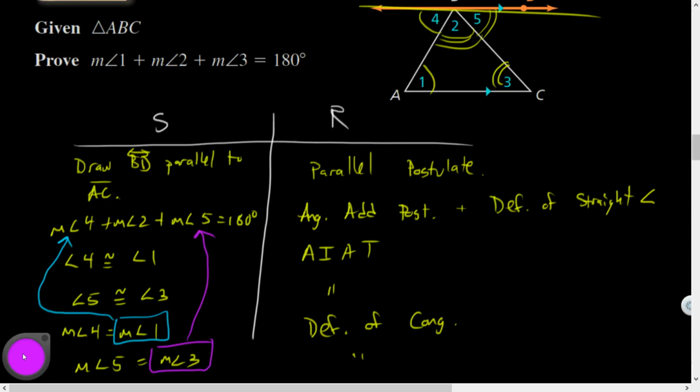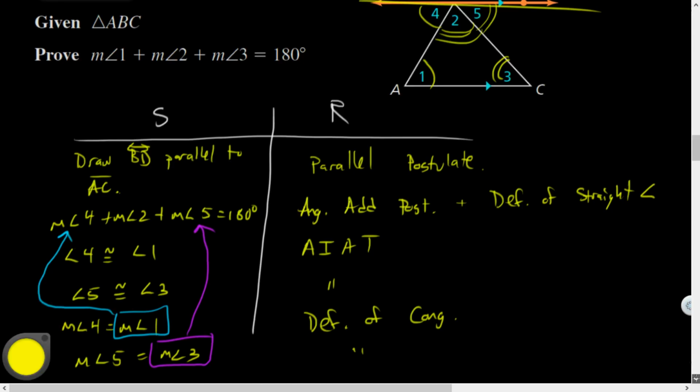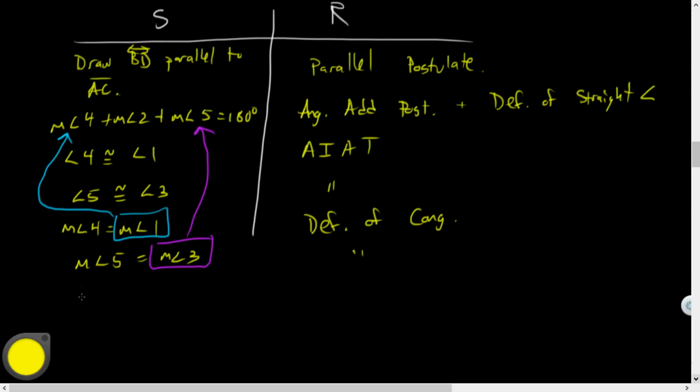Look at that. That is beautiful, friends. Beautiful. So yeah, I think I'm done. I think I can say now that the measure of angle 1 plus the measure of angle 2 plus the measure of angle 3 equals 180 by substitution.